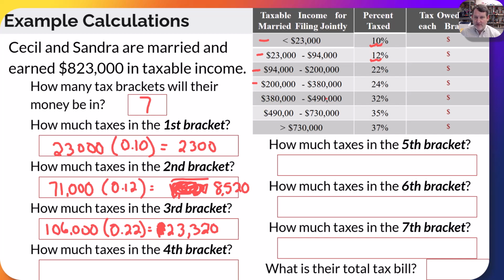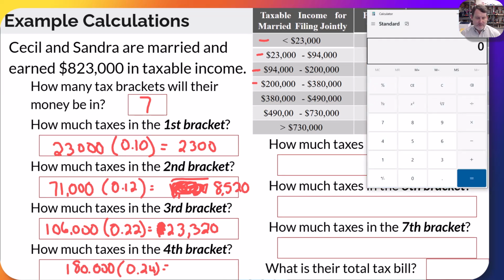So again, they still have filled up this bracket. Remember, we're now just getting to the $490,000 point. So we have $180,000, and we're going to multiply that by 24%, so 0.24. 180,000 times 0.24.